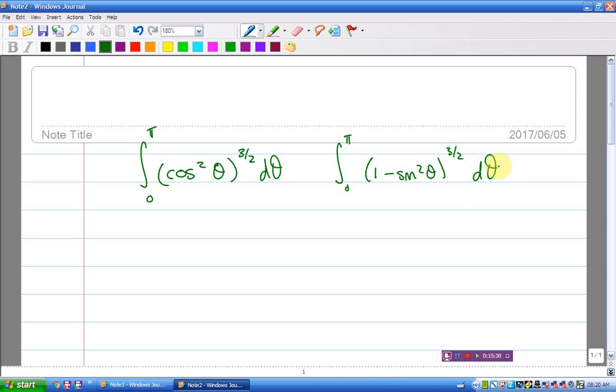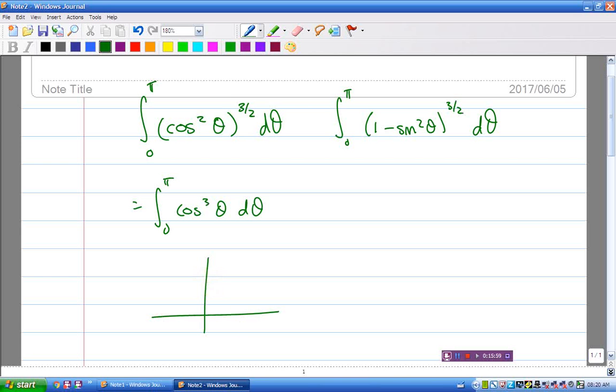Now, cos squared is positive. You put a positive number to any power, it will remain positive. If you just play little index games and you say cos squared to the power 3 over 2 is cos cubed, you'd be making a mistake, because cos cubed is negative on half of the interval, because we know what a cos graph looks like.